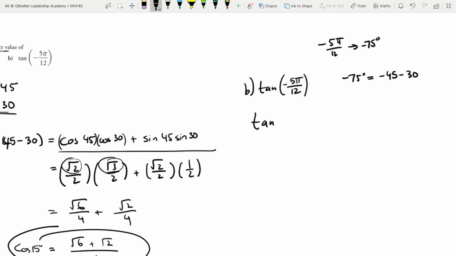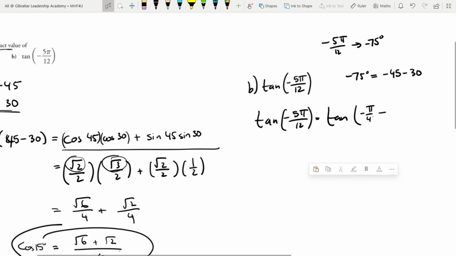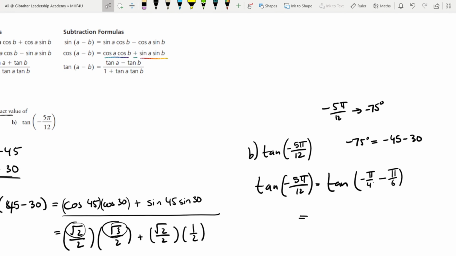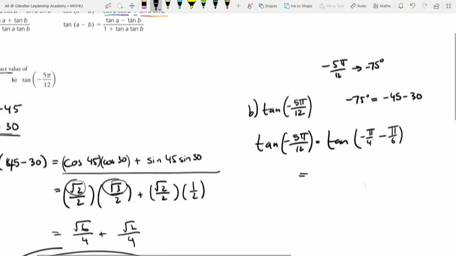So tan of negative 5 pi over 12 can be written as tan of negative 45 degrees, which is negative pi over 4, minus 30 degrees, which is pi over 6. So negative pi over 4 minus pi over 6 would work. And again, we go back to our tan formula for subtracting: tan A minus tan B over 1 plus tan A tan B.